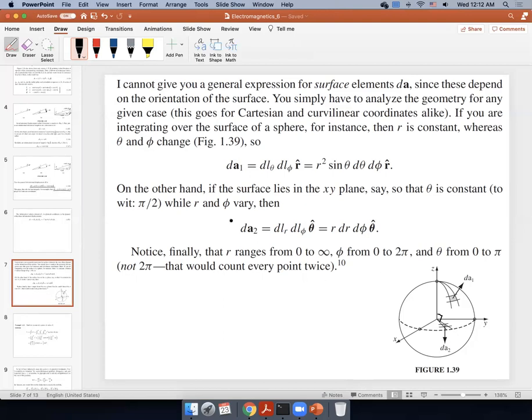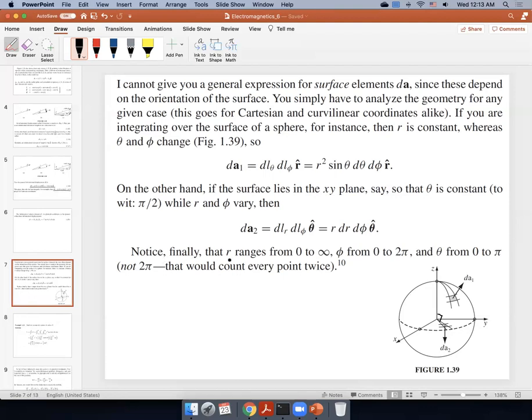So dA2 equals dLr times dL phi times theta hat. So theta hat is the direction of this dA2, or the direction of the surface. Then you plug in dLr and dL phi, and you will finally get r, dr, d phi, and then theta hat. Theta hat is the direction of your dA2.